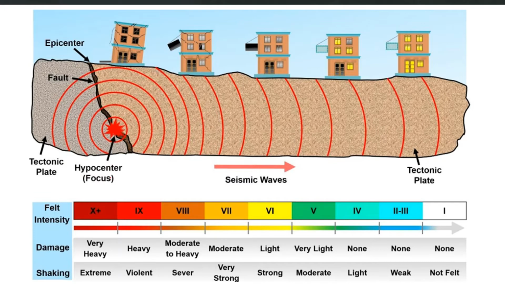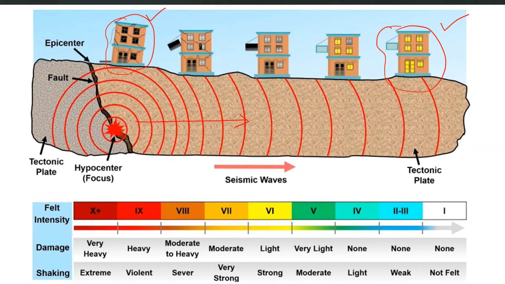So we know that the seismic waves will lose their energy as the distance increases. So the waves which are experienced by a structure located at a far off place may not be able to cause any damage to the structure, but if the structure is located here close to the actual source, it will experience a strong shaking. So the intensity is a relative measure. It will be less for this structure, it will be more for this structure.